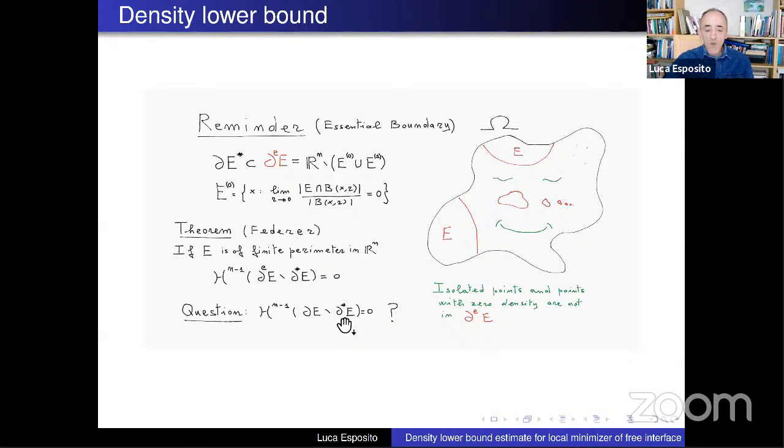If we don't have any condition, the topological boundary of the set E could be also the whole omega. So it would be possible that the boundary of the set is dense inside omega. So in general, it is not true that this is zero. But the first information about regularity is that this is zero, as we will see in the future.